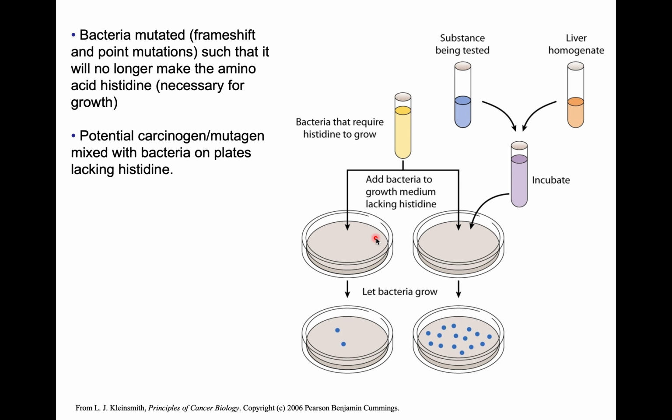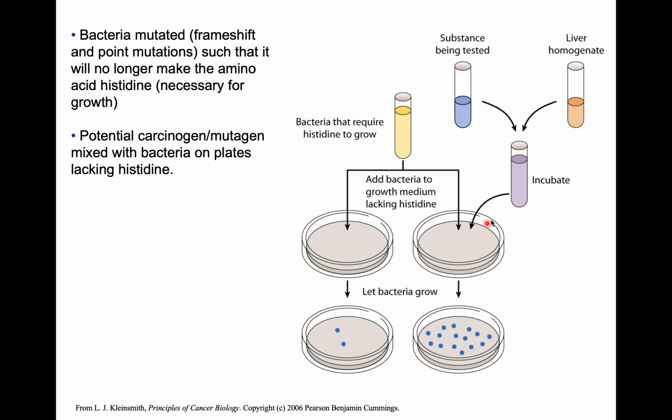And so what you do in this test is you take your potential carcinogen, the substance you want to test. Usually you mix it first with a liver homogenate to try to simulate the sort of metabolism that might happen to that substance in the animal or in the human's body. And you will then incubate that metabolized substance with bacteria on this minimal media.